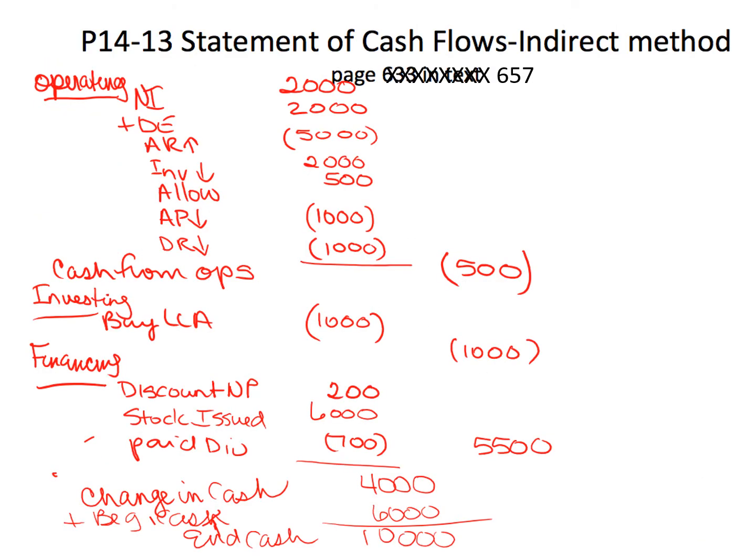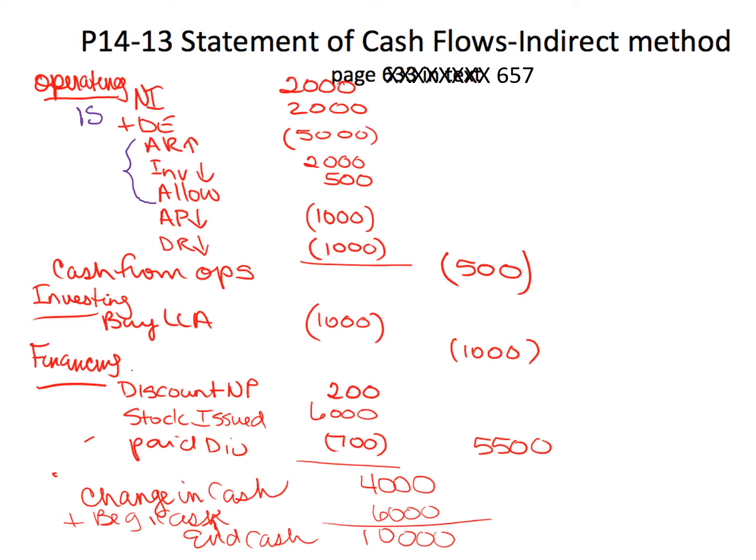So when I put it together, I start with my net income. I add back my depreciation, and those came from the income statement. My current assets, we know that there's an inverse relationship, so if accounts receivable goes up, we subtract. If inventory goes down, we add.